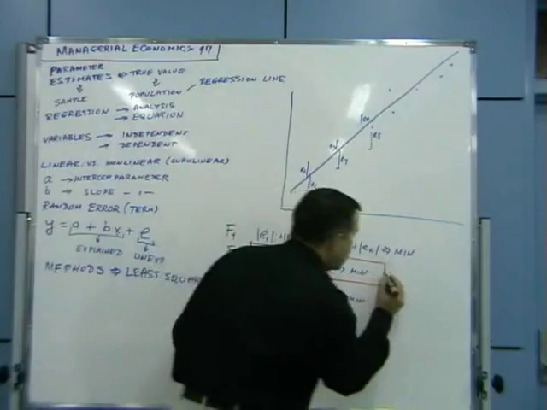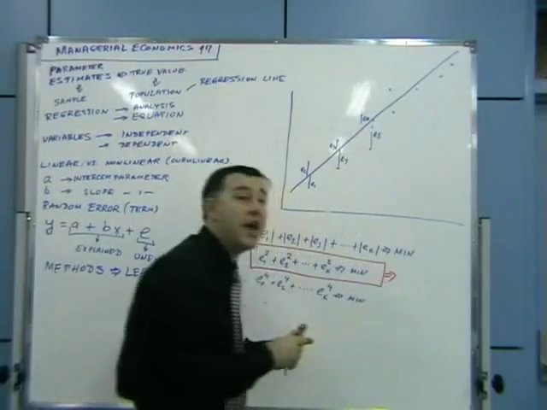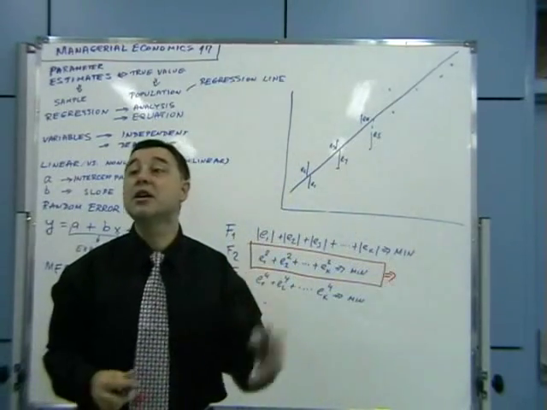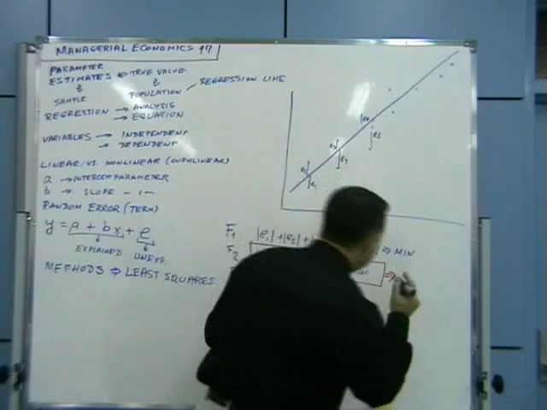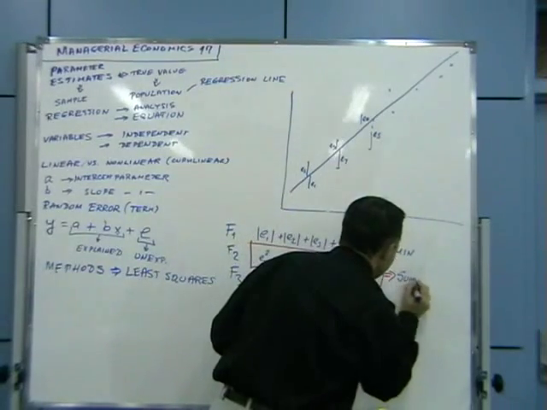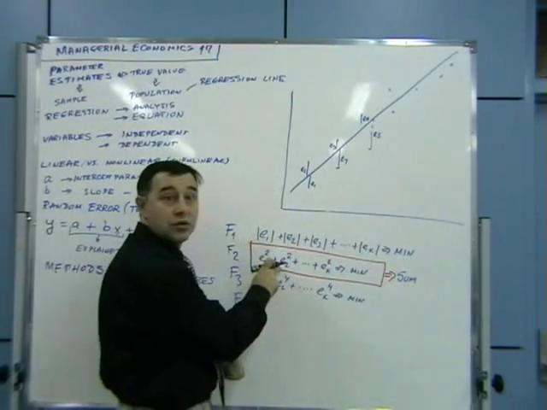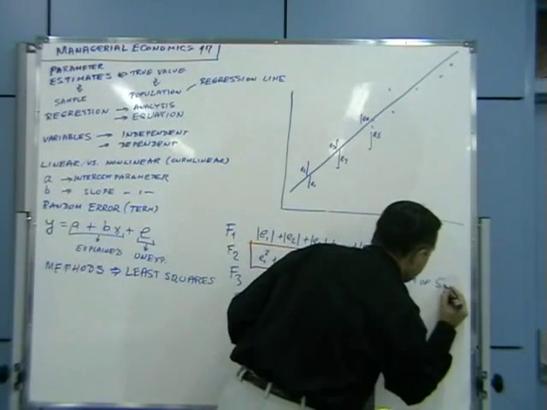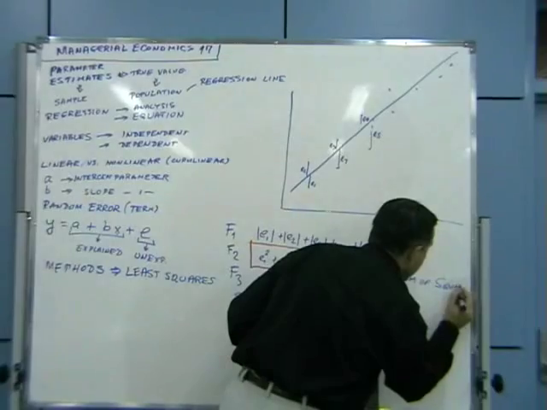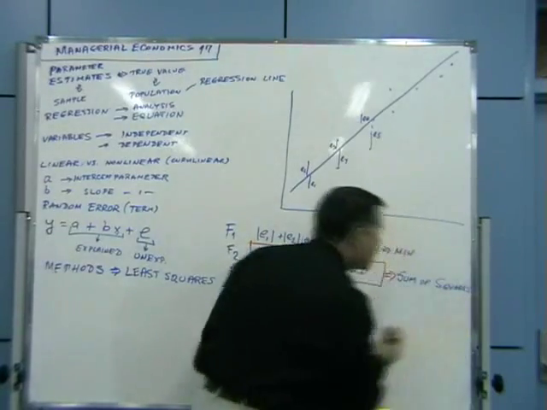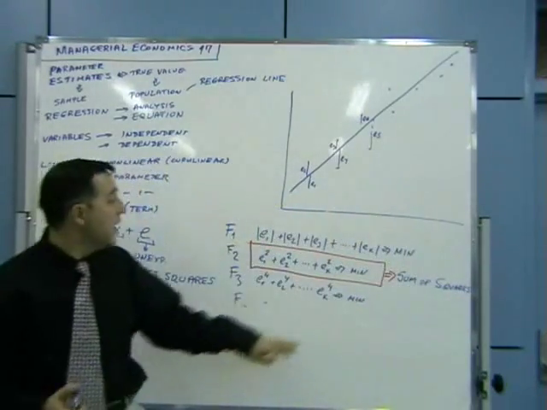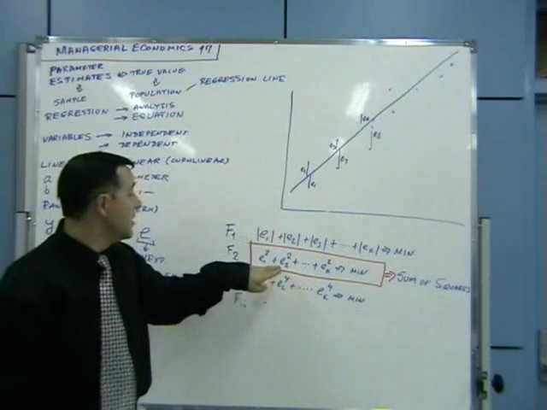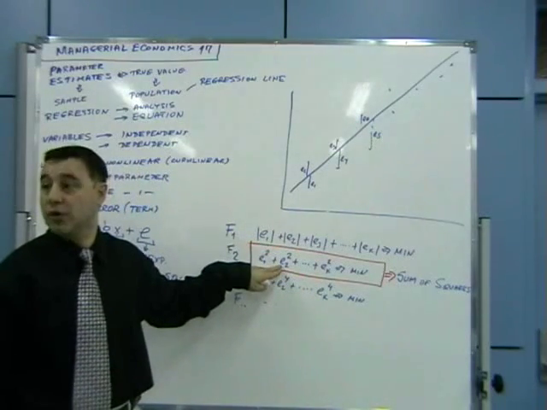So this is oftentimes known as the sum of squares. Sum, as in adding the first one to the second one to the third one, of squares. Sum of squares. Alright? And squares as in the error to the power of 2.